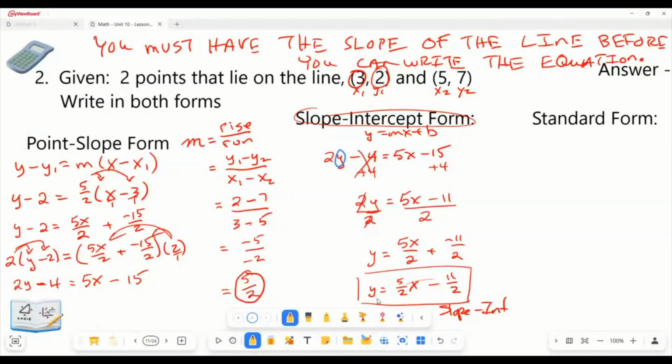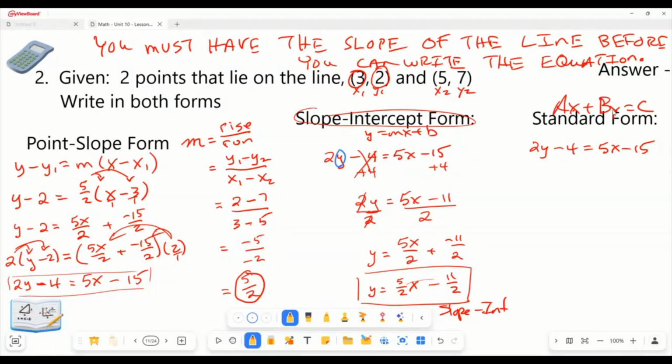I can use this like we've been doing, going from slope to standard form, or it might be a little bit easier to come back to this from point slope and convert it. Standard form is ax plus by equals c.